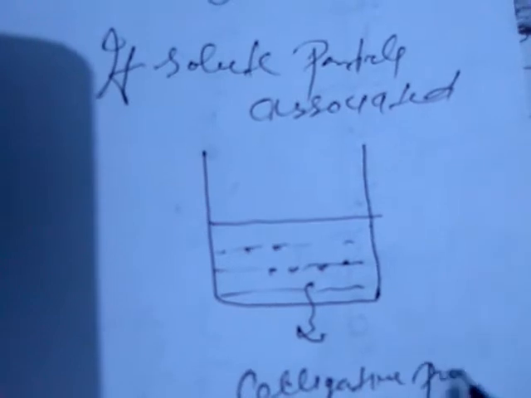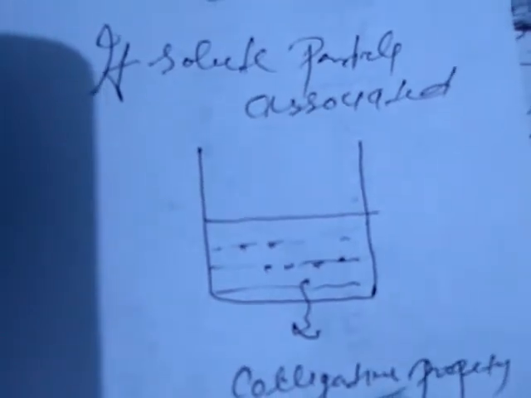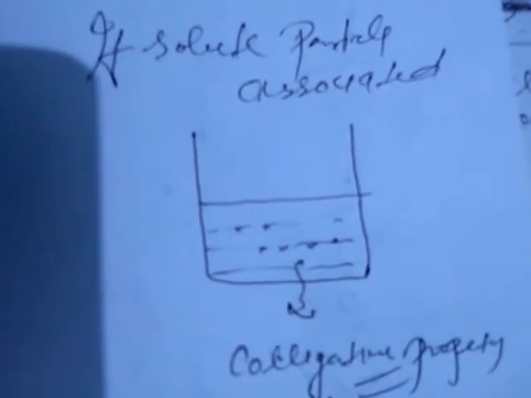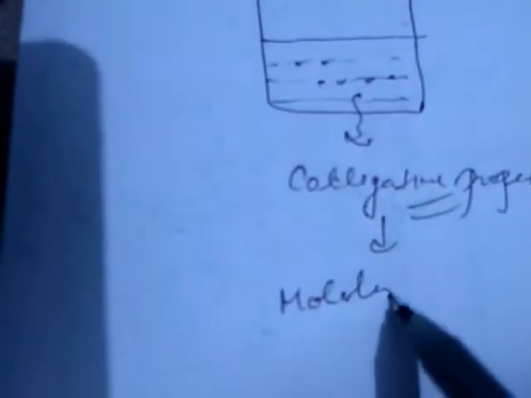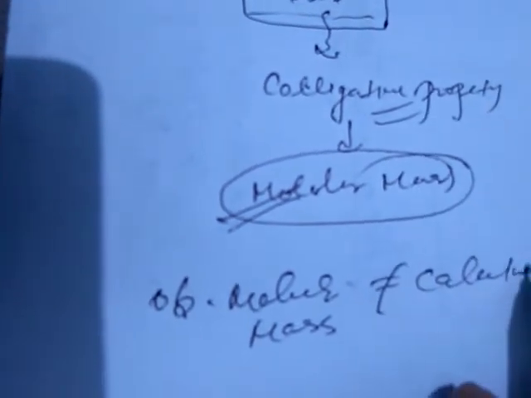The colligative property which we will calculate would be abnormal, and due to which the molecular mass would also be abnormal. Or we can say the observed molecular mass will not be equal to the calculated molecular mass.